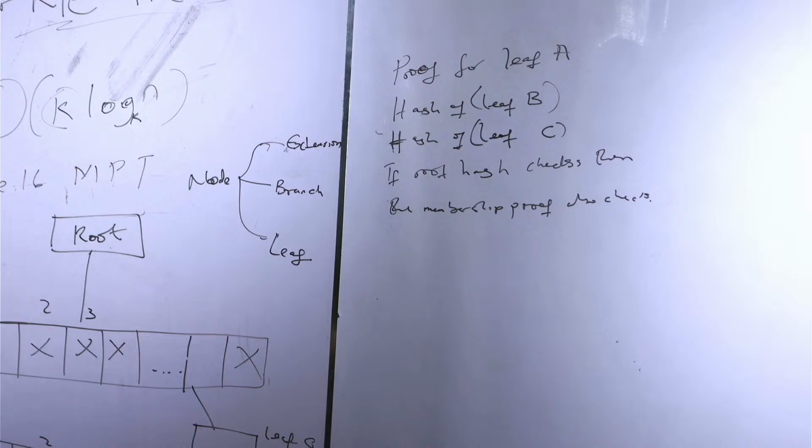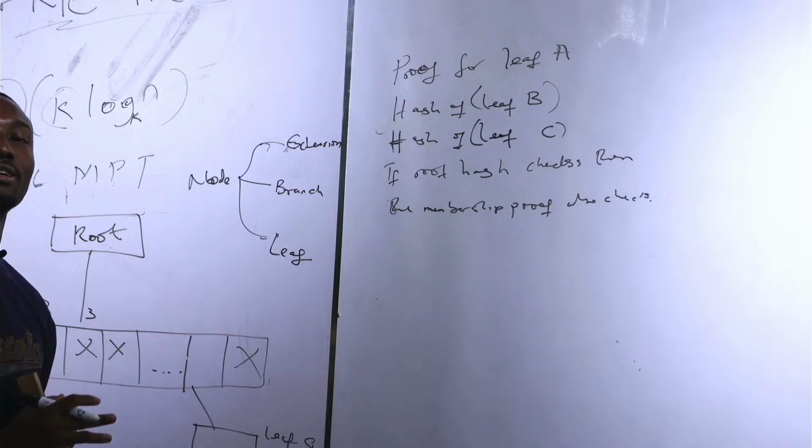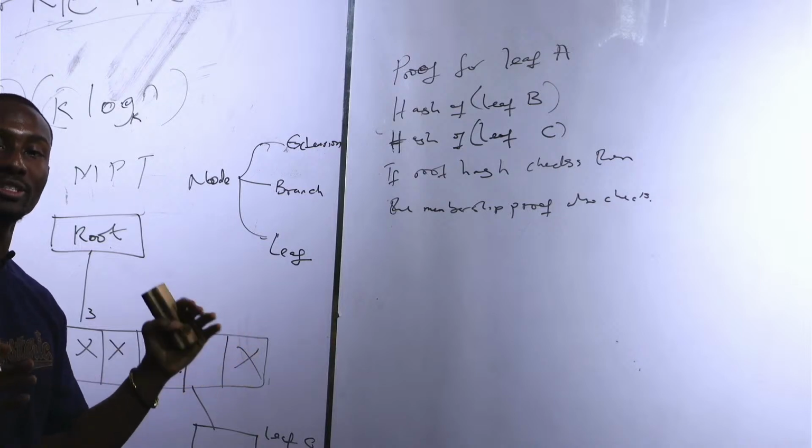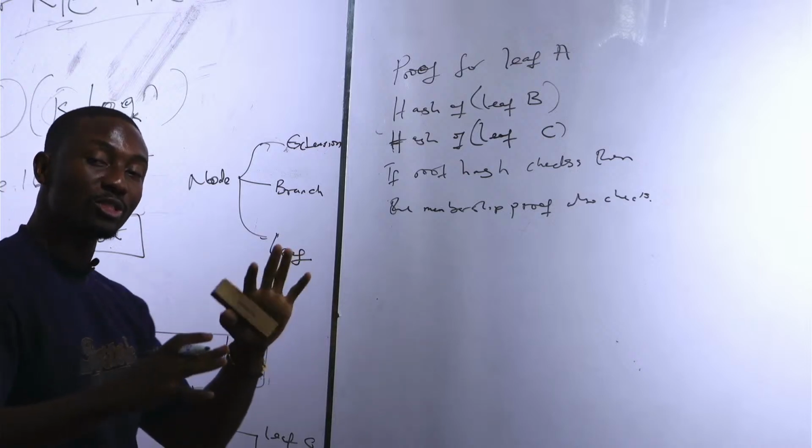Imagine we had a value here. We have to provide all the hashes of all these nodes to generate the proof. So that is not a scalable way to do state proof messaging across multiple chains.